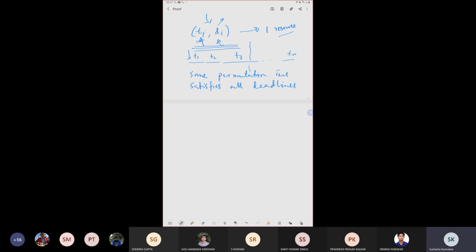So let's say I can define that if a job I starts at some time SI, its finish time will be given by FI equals SI plus TI, because it needs TI amount of duration.